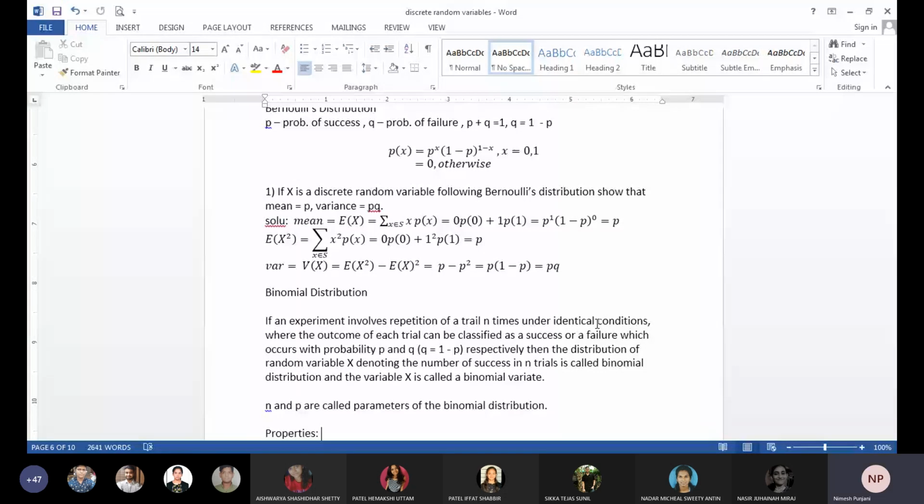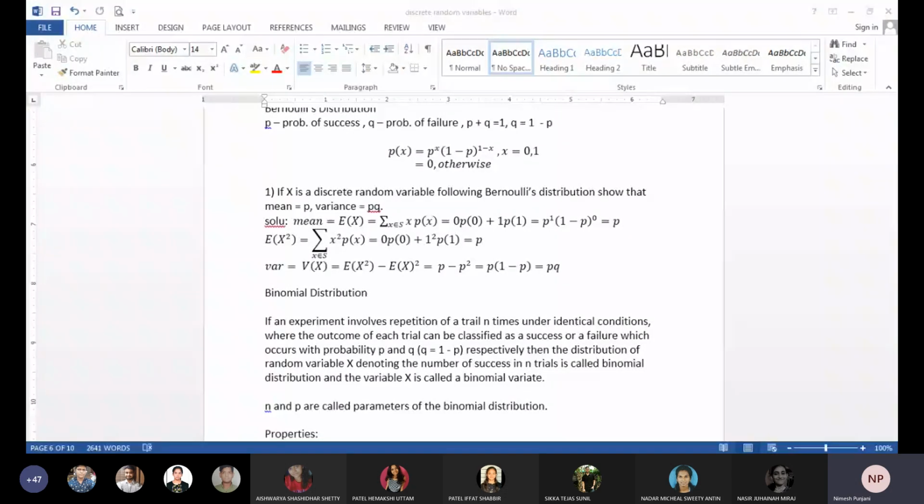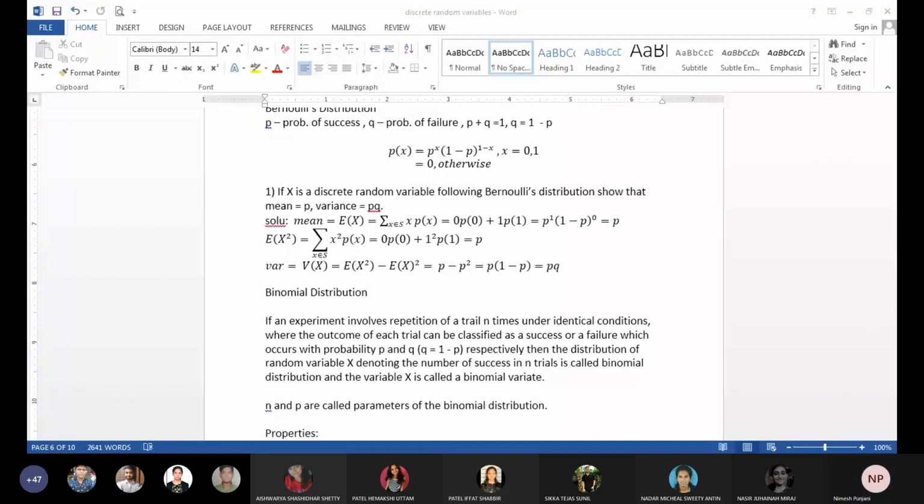So what is the binomial distribution basically? If you perform your Bernoulli trial n times. What is a Bernoulli trial? A Bernoulli trial is an experiment in which you get only two possible outcomes, either a head or a tail. So if you repeat your Bernoulli trial n times, the resultant you get is known as your binomial distribution.